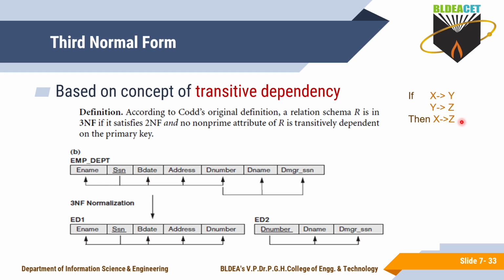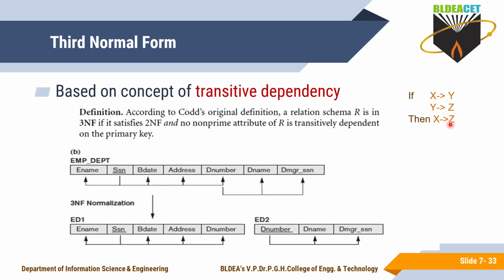If it is not a member of the candidate key, such attributes you call non-prime attributes. So according to this, if you take any relation, in that relation a transitive dependency can go X determines Z based on this transitive rule. But this Z, that is what it tells here, is no non-prime attribute of R is transitively dependent. Assume that X is a primary key and Z is not a prime attribute.